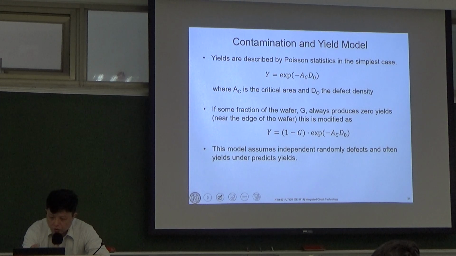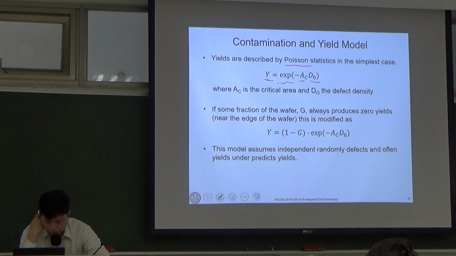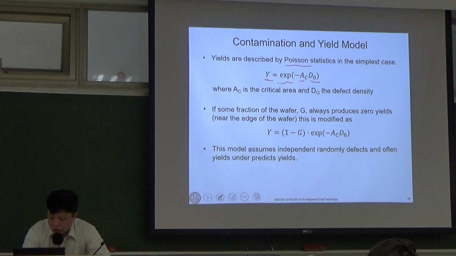For the first one, you can use a Poisson statistic. So the yield, your area, and your defect density have an exponential relationship. If some fraction of the wafer always produces zero yield, then we can get rid of that part.